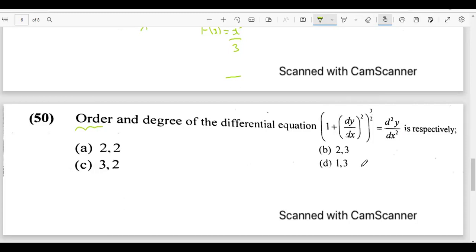Let me just check it quickly. It is the 50th question. Order and degree differential. Let me check if it's 3 by 2.